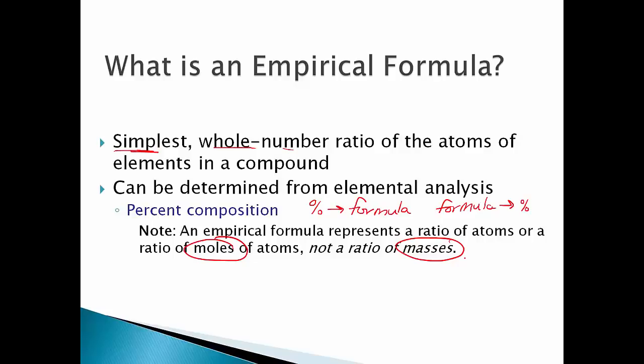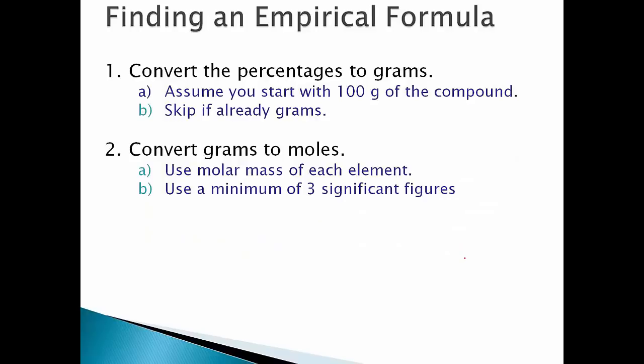So you have space at the top. Let's go through this. And again, you need to write as much as you need to be able to remember how to do this. Step 1, you're going to convert percentages to grams. This is the easiest way to do this if you have 100 grams of a compound. So for instance, if I had something that was 15% sodium, 50% chlorine, and 35% oxygen.